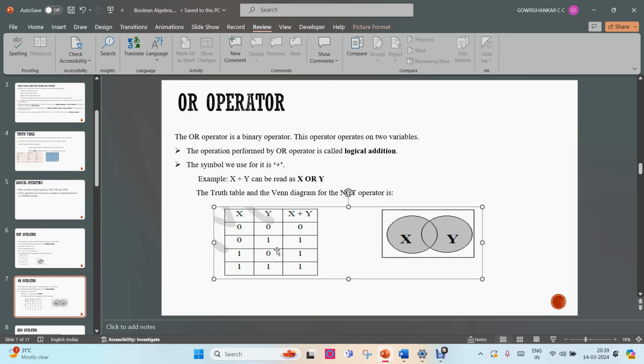Here 0 1 gives 1, because in the OR operation, if one operand has 1, the output becomes 1. Here 1 0 gives 1, and 1 1 also gives 1. In case any one operand has 1, the output will be 1.